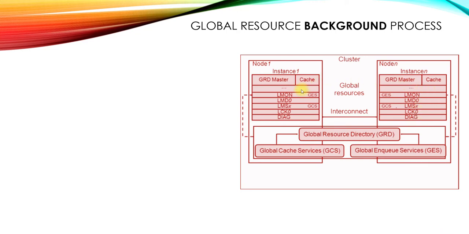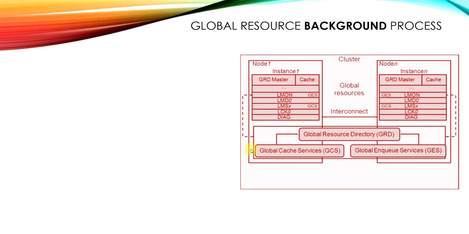Okay, so in the diagram we see that there are two instances, and there is GES, global enqueue services, and global cache services. For global enqueue services there are two processes, LMON and LMD0, and for global cache services there are LMS, LCK, and DIAG, and there is the interconnect.